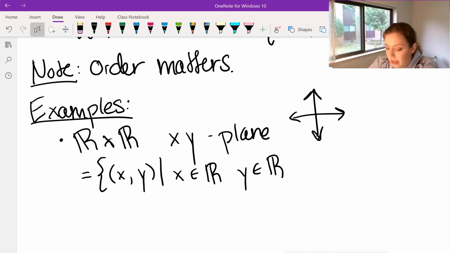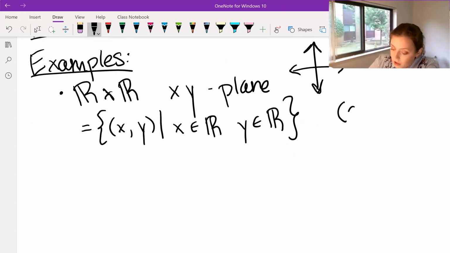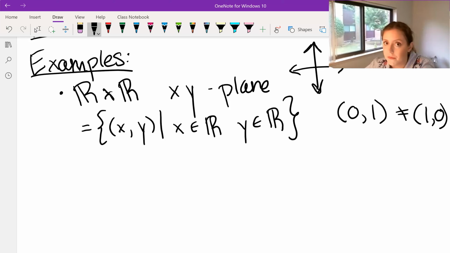So you might be saying, well, Danica, these sets are literally the same. Does it still matter what order they're in? Yes, it does. And you know this because you know that the point (0, 1) is not equal to the point (1, 0) on our XY plane. Okay, so it matters what order they're in, even if the sets are the same.